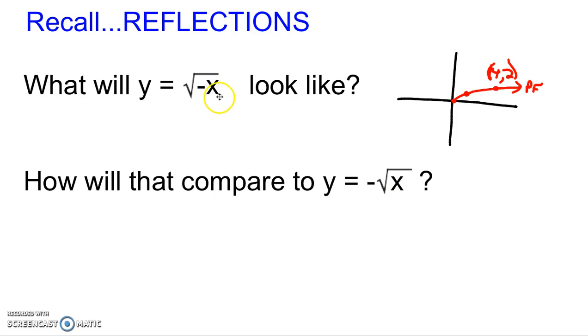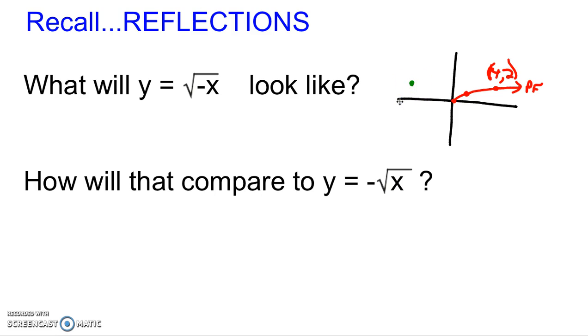But what happens instead of choosing a positive value for x, I choose a negative value for x. Let's say negative 4. If I choose that for x, then I get negative negative 4, and negative negative turns to a positive 4. I can do the square root of positive 4. It's 2. And so when I plug in negative 4, I get positive 2.